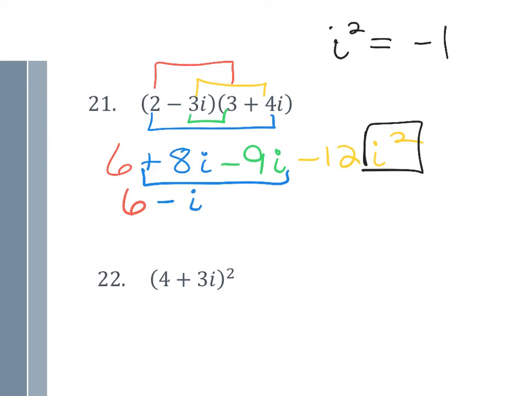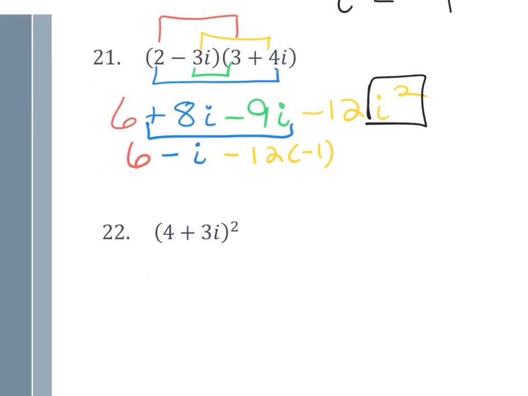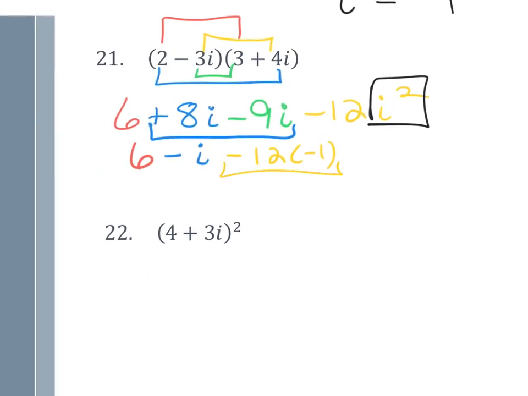I'm going to change the i squared into negative 1. I now need to multiply this yellow part. Negative 12 times negative 1 becomes positive 12. Drop the 6 and the minus i. And one last step, I can add 6 plus 12. So final answer is 18 minus i.